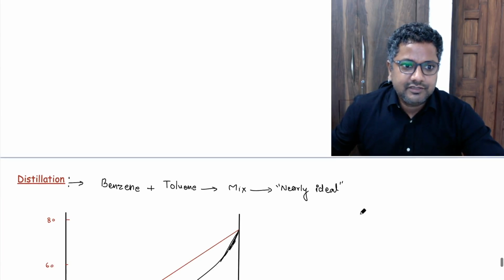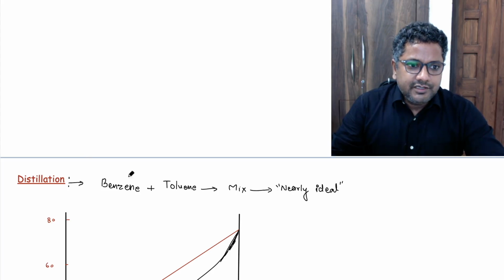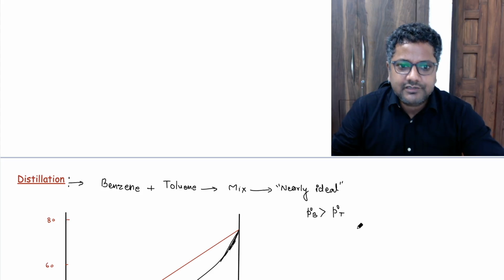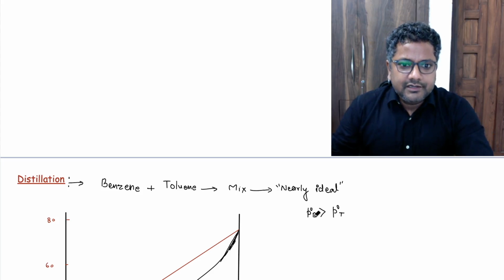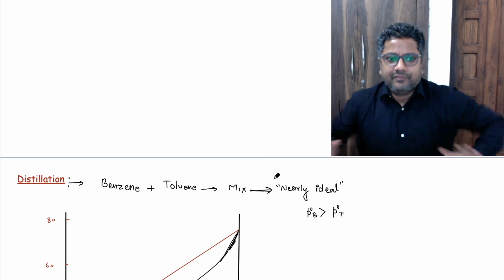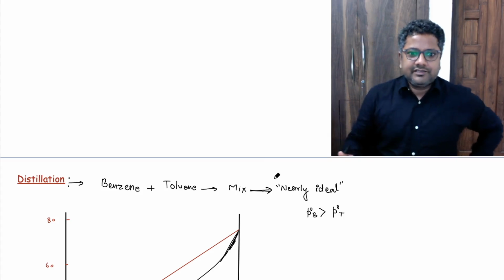previous lecture, right? See, benzene is more volatile, means the P naught of benzene is more than the P naught of toluene, right? And all of you know that the vapor is, and also we have calculated the composition of vapor phase in the previous lecture.